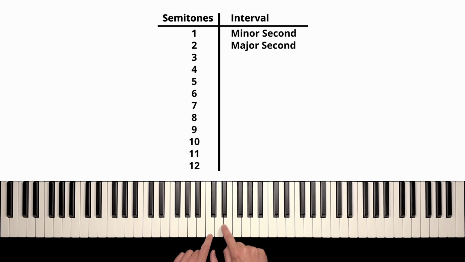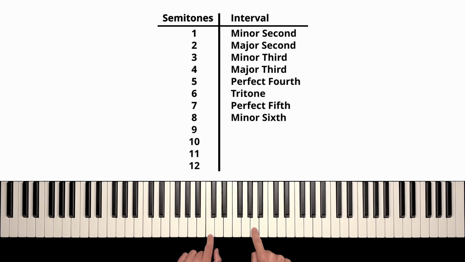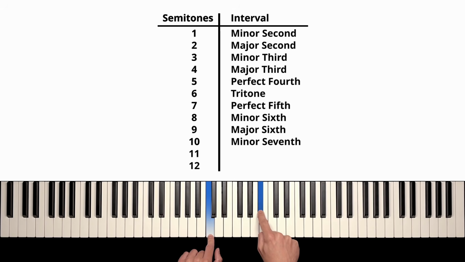Then we have the minor third and the major third, the perfect fourth, the tritone, sometimes called augmented fourth or diminished fifth, the perfect fifth, the minor sixth, major sixth, the minor seventh, and major seventh. And last but not least, the octave.